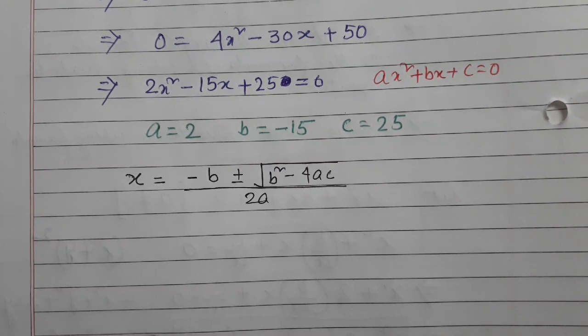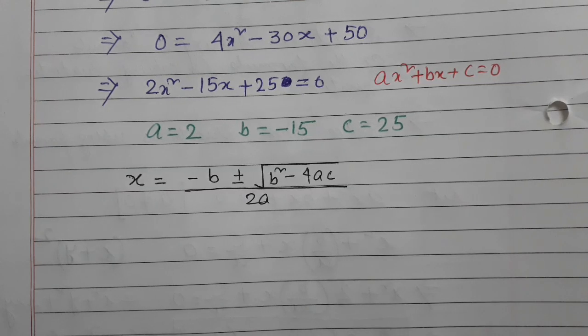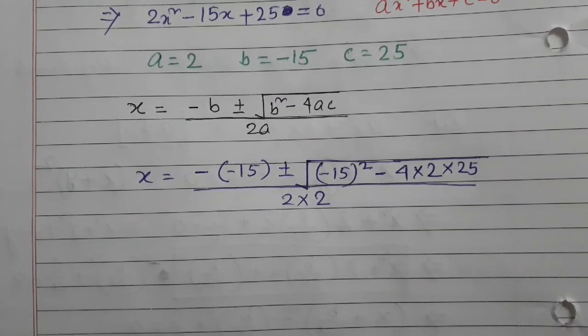Now to solve this quadratic equation we have the formula x equals to minus b plus minus root over of b square minus 4ac by 2a. So we can find the value of x as x equals to minus of minus 15 plus minus root over of minus 15 whole square minus 4 into 2 into 25 by 2 into 2.